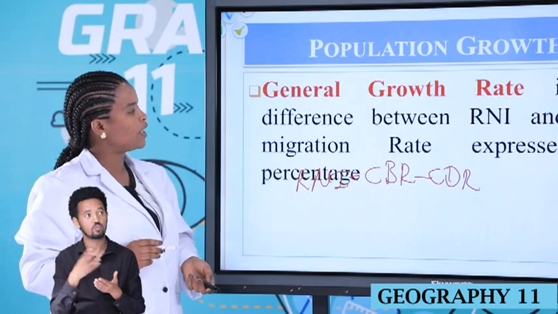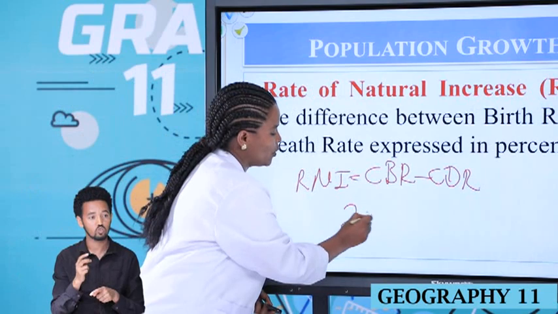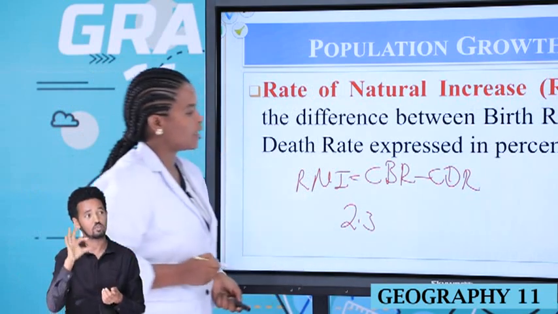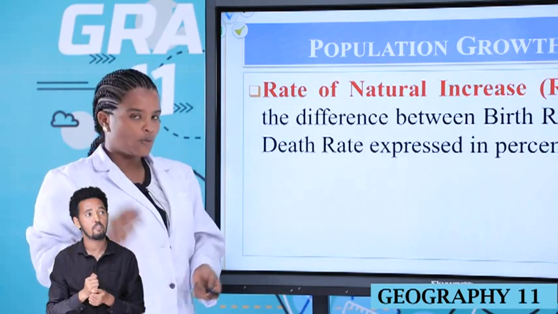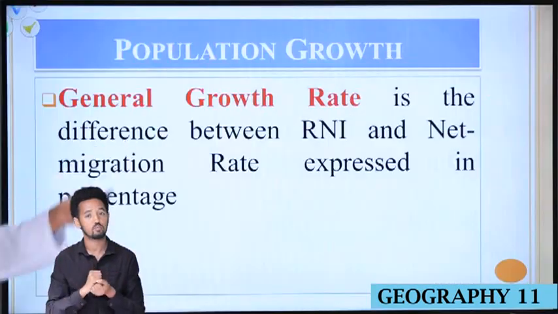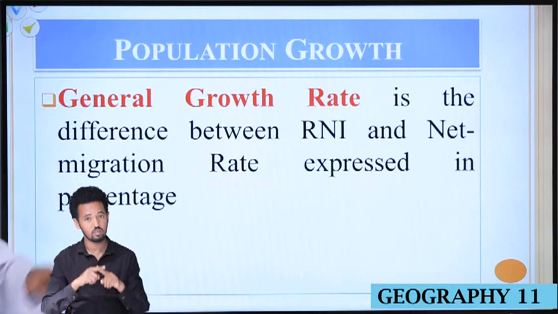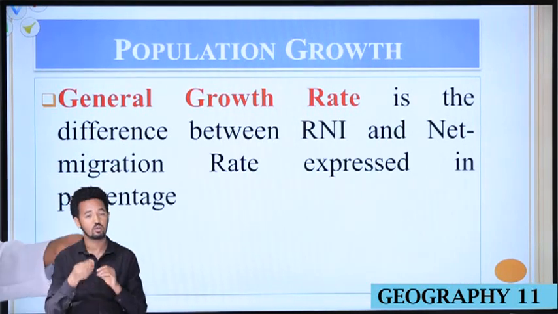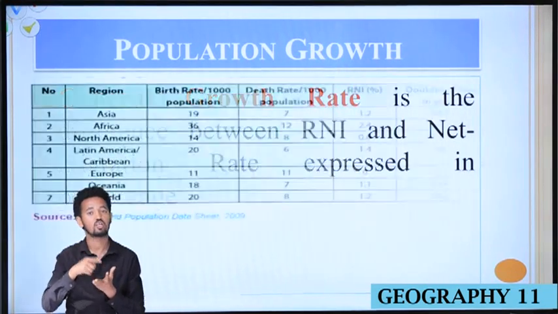We use this formula to find the rate of natural increase. And the rate of natural increase in Africa reached 2.3% according to the 2009 data sheet. General growth rate, as we have seen previously, is the difference between the rate of natural increase and the net migration rate. It is expressed in percent.